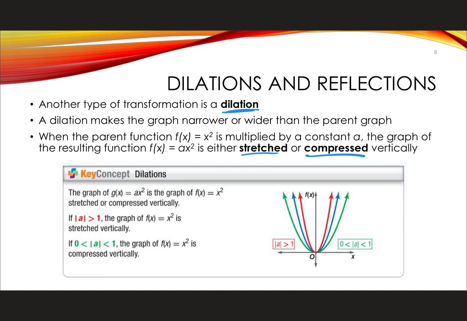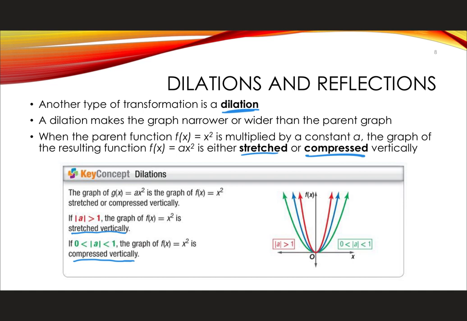Now here we go again. I'm sure you remember, but let's talk about it one more time. If A is bigger than 1, that means you're going to have a vertical stretch. It's going to get narrower, skinnier. If A is less than 1 but greater than 0, you're going to have a compression, which means it's getting wider.